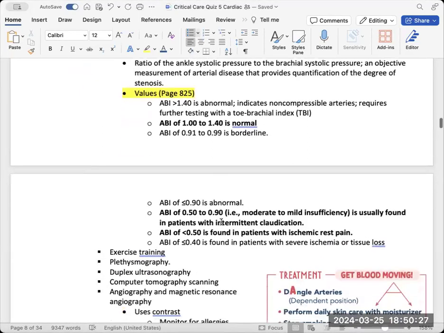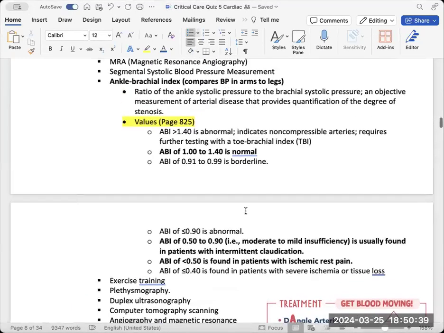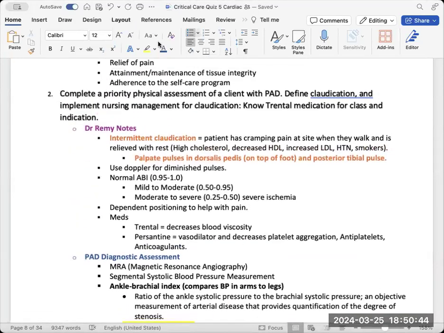Someone who has PAD could have 0.5 to 0.9, which would be indicative of intermittent claudication, or less than 0.5 would be ischemic and relates to resting pain, right? That's one of the diagnostic procedures we can do, which is also what Dr. Remy mentioned. We also remember, once again, dependent positioning for PAD, as well as medications we can give.